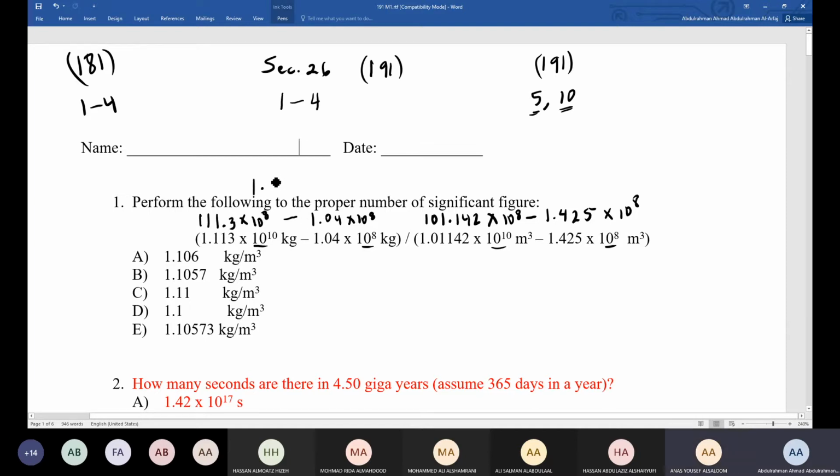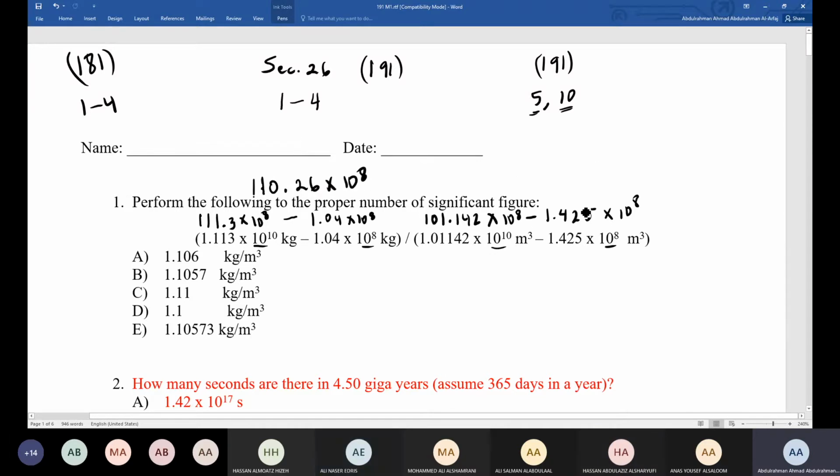Oh, okay. Let's have it to the power 8 first. 110.26 times 10 to the power 8. I prefer this.